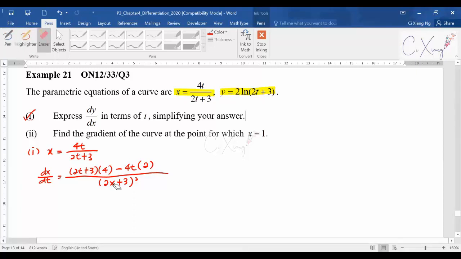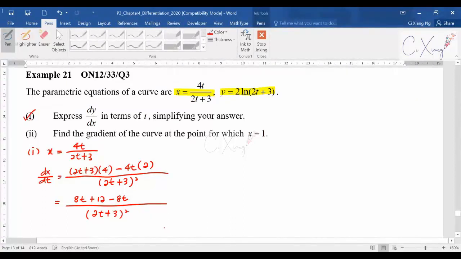Sorry, I made a mistake here. This shouldn't be 2x plus 3, it should be 2t plus 3. Then you simplify it. 4 times 2t plus 3 gives 8t plus 12, minus 8t, over (2t plus 3) squared.